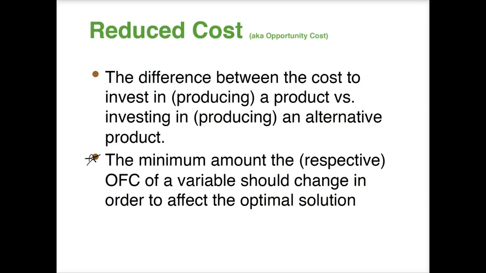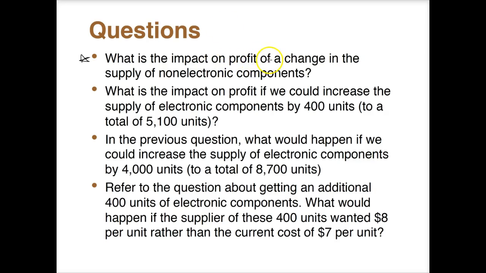Okay. So if we go back to our question, it says, what is the impact on profit of a change in the supply of non-electronic components? So here, the answer to this, it's no impact for supply that is going to be a supply difference of 560 or less.